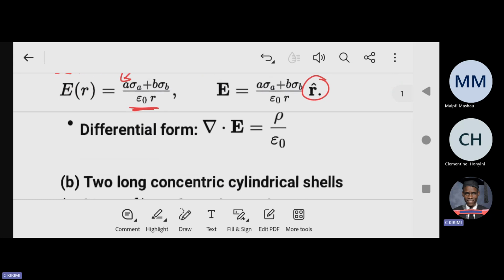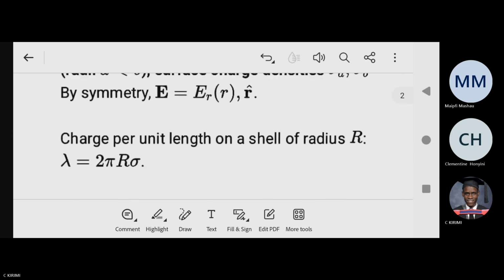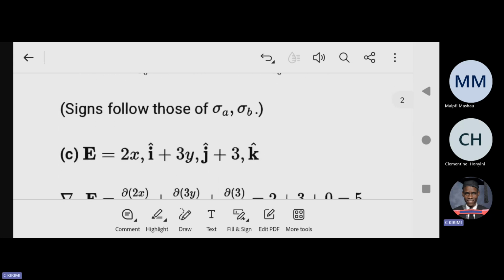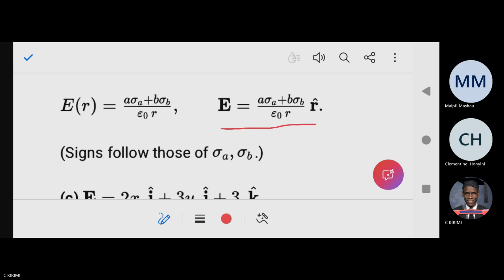So using the differential form, grad dot E is equal to rho over epsilon naught. But in our case, for number 2, our answer is this.